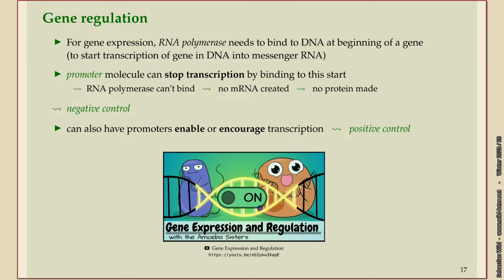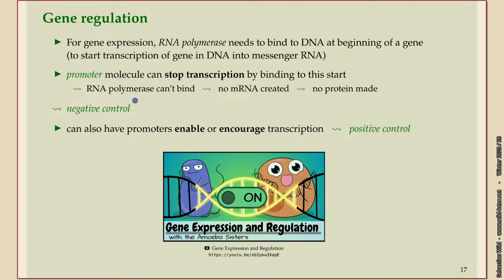The way this works is going to be explained in a bit more detail in the video, but the kind of short version is the translation of a gene producing a copy of transfer RNA from the gene needs to start somewhere. And there's a special molecule, the RNA polymerase, that binds to a certain starting part of the gene and then starts the copying.